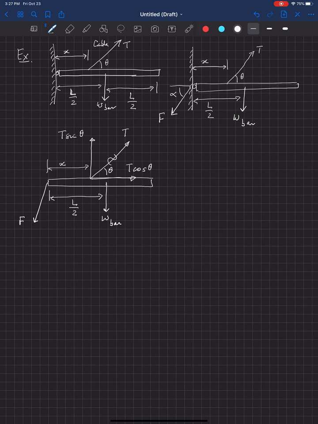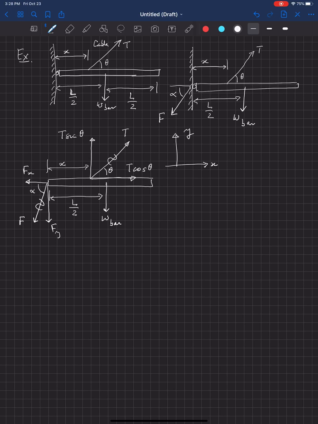Now let me get rid of this force and break it up into its x component, which I will call Fx. This angle is some angle alpha. Who knows what it is? And this is Fy. So I've now got all my forces. This is my x, and this is my y coordinates.